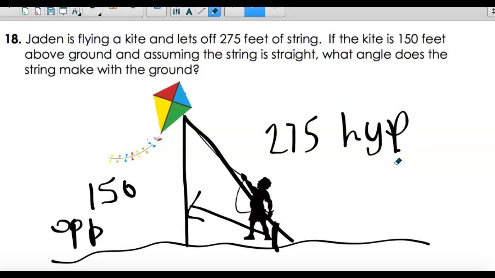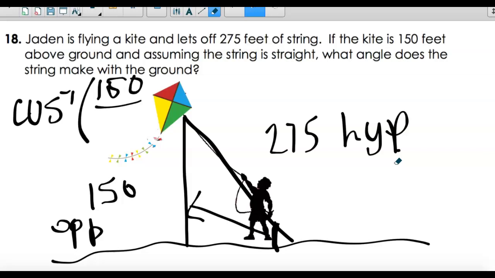So we'll go sine inverse and opposite is 150. The hypotenuse 275. And then we'll use the calculator to help us.